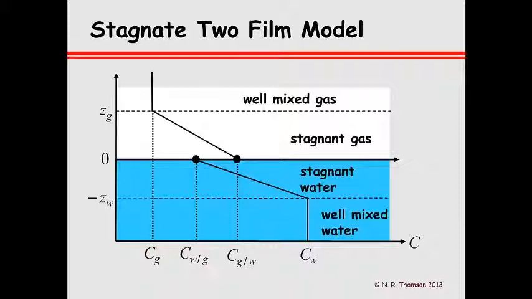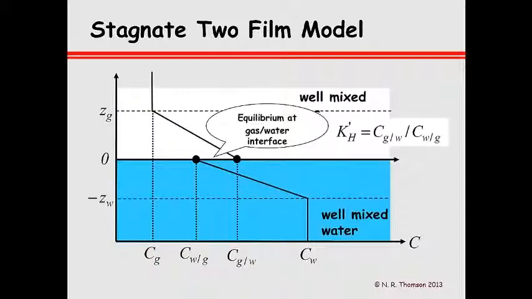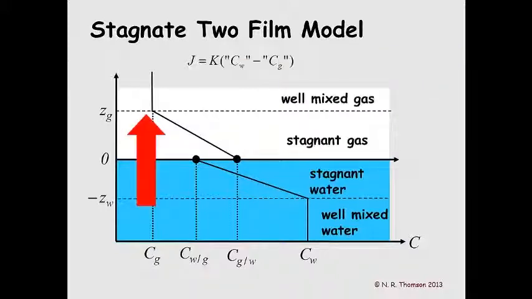Then in the air phase, we have a diffusion profile again through the stagnant gas layer of thickness small z sub g, and then into the well-mixed gas phase. So again, the equilibrium is at the gas-water interface, and again that's controlled by Henry's constant. So for this particular example, we have mass that is being moved from the aqueous phase to the gas phase.